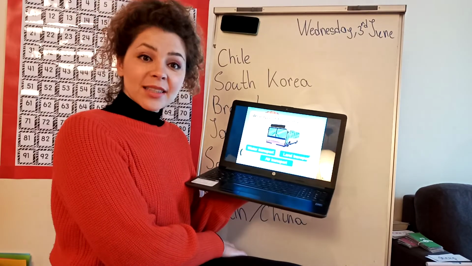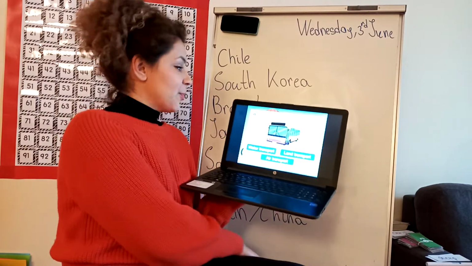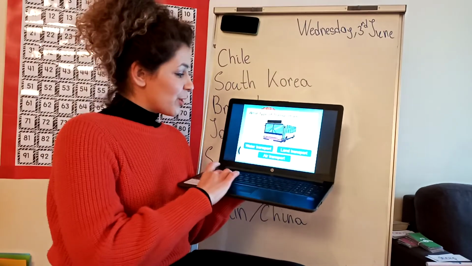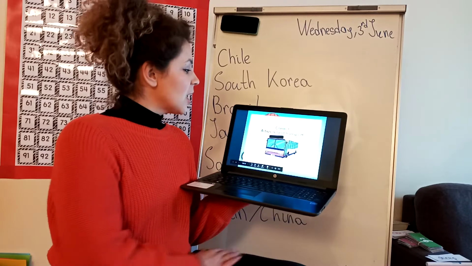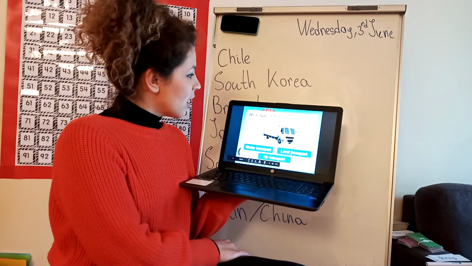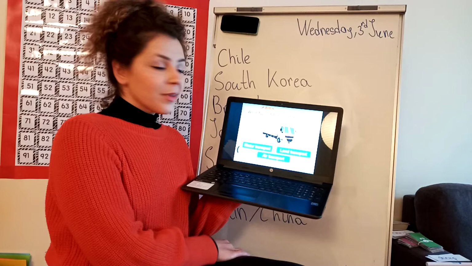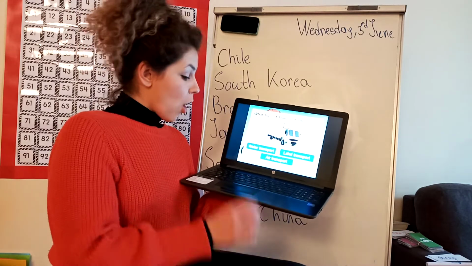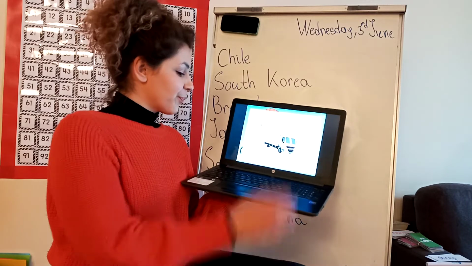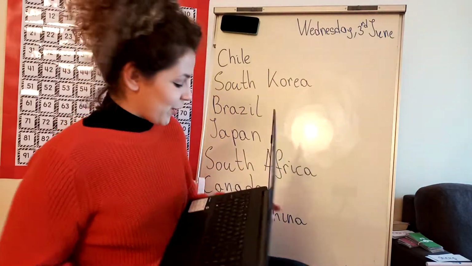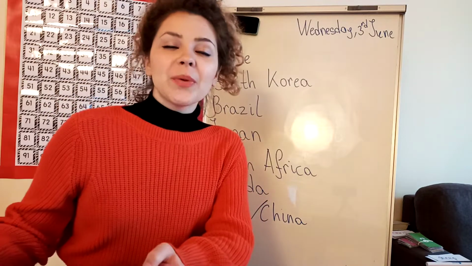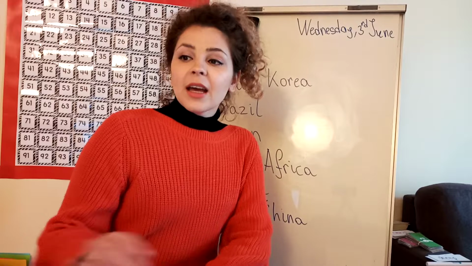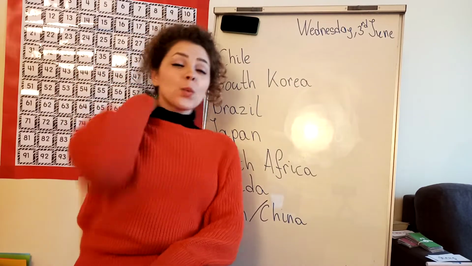We have a bus. A bus is a type of land transport, and its most important purpose is definitely to transport people. And here we have a lorry. A lorry transports goods on land.